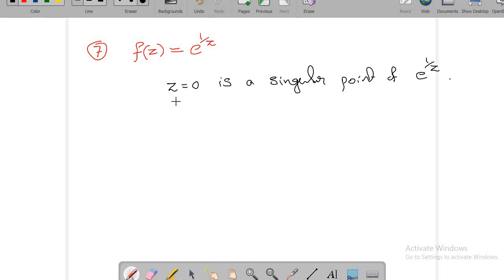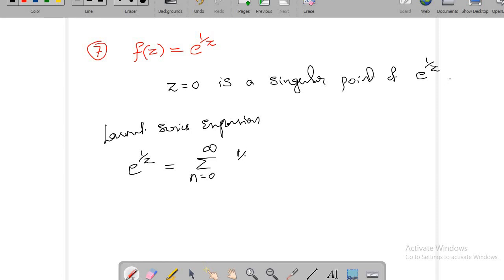Now I look at the Laurent series expansion of e power 1 by z. So e power 1 by z is equal to the summation, n equal to 0 to infinity, of 1 by z whole power n by n factorial, or you may write it as 1 by n factorial into z power n.